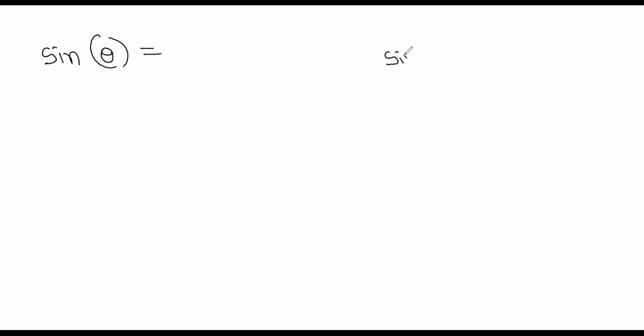What is the value of sine 30? Sine 30 is 1 by 2, right? What is the value of cos of 120? Is it 1? Okay, let's see how to find it.